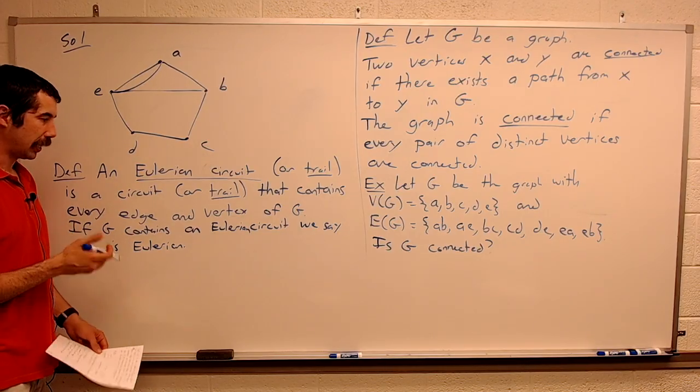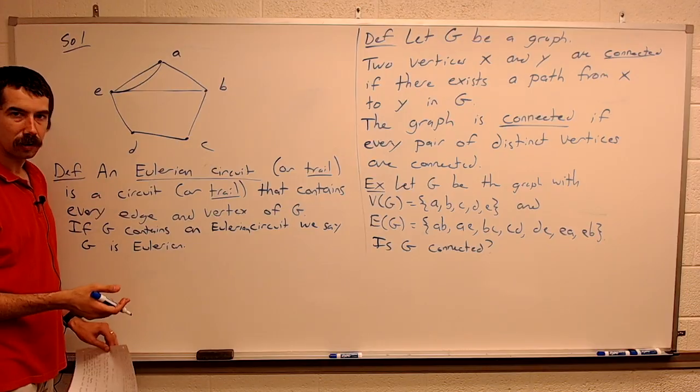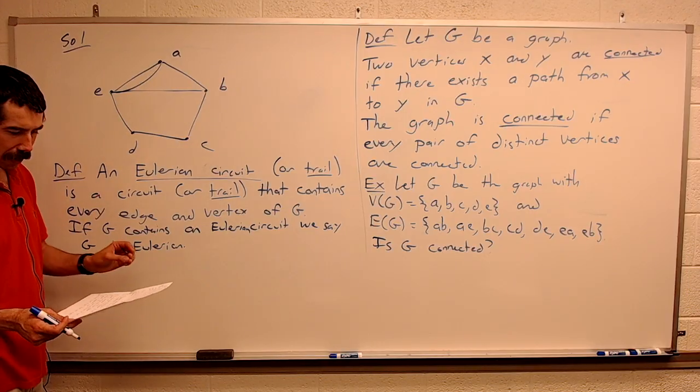If G contains an Eulerian trail, then we say G is semi-Eulerian.